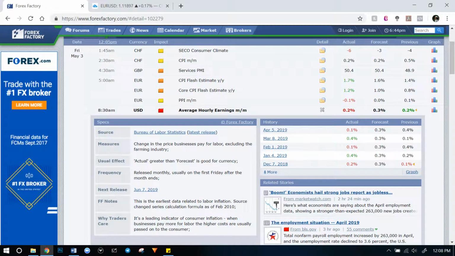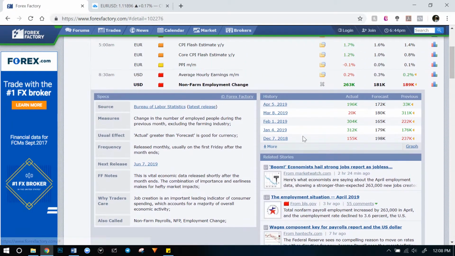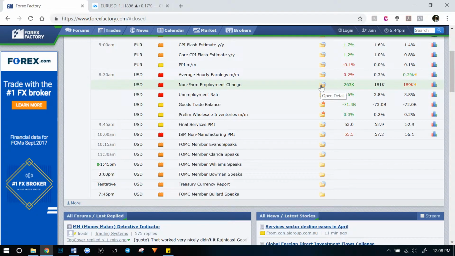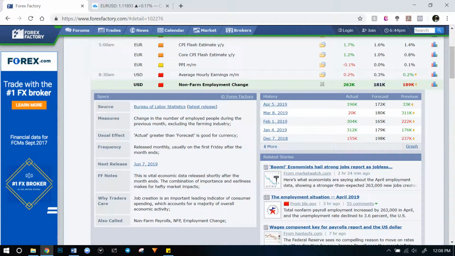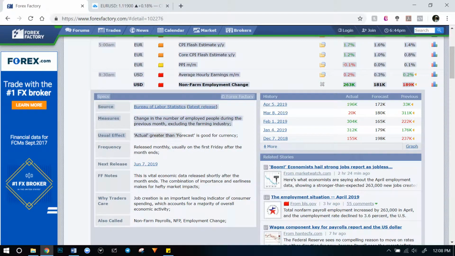Okay, so let's go to the next one. Non-farm employment change. If you click on the details again, we see the forecast and the actual. So the actual is greater than forecast, meaning it's good. Again, change in the number of people employed, not in the farming industry. Usual effect: when it's green, it usually means actual greater than forecast is good.